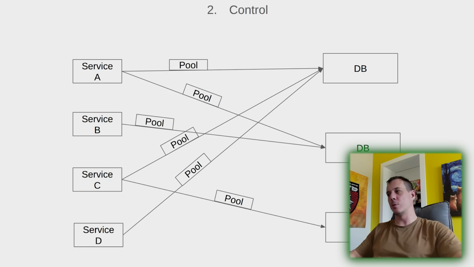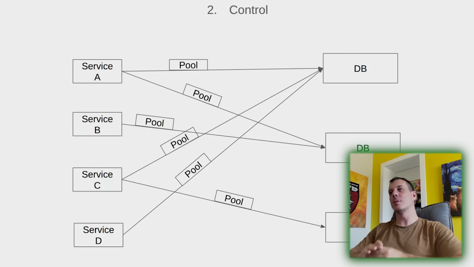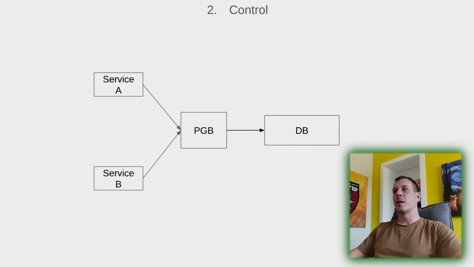So it kind of goes out of control, and it's hard to manage if you have 100 microservices or 50 microservices. You need to manage this carefully for each of them, which turns into a nightmare.